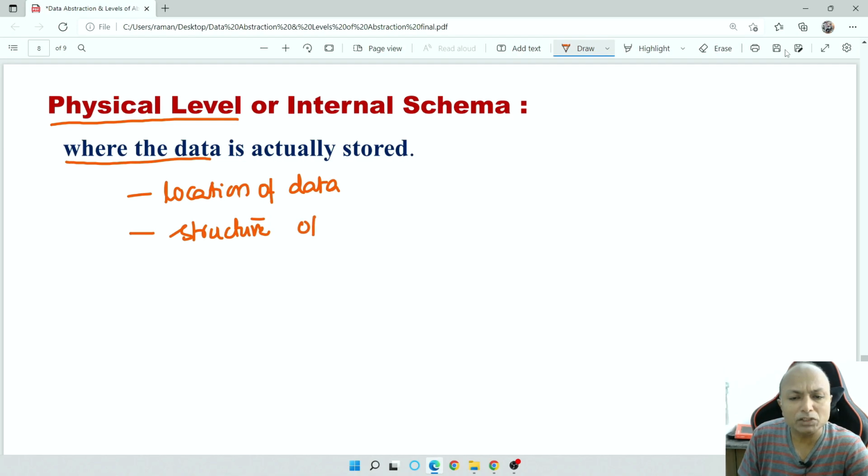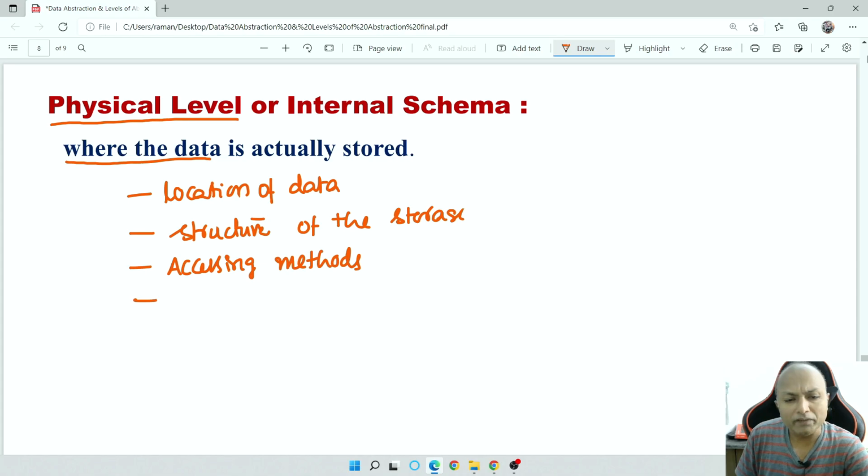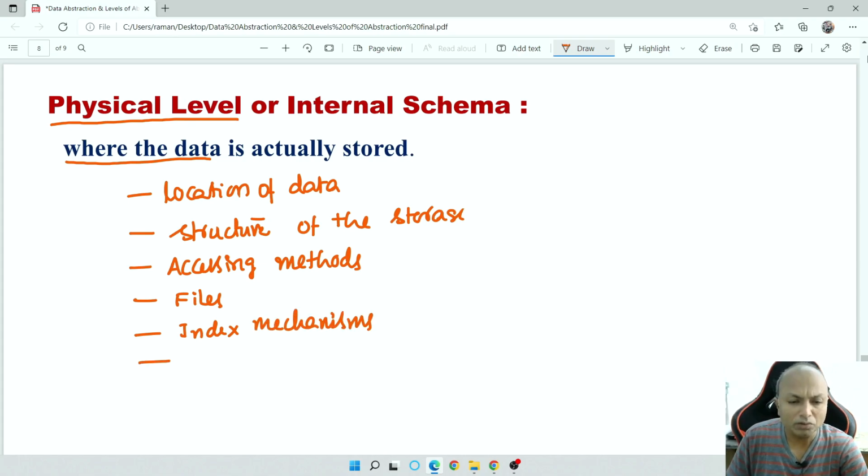It will tell the structure of the storage, what access methods we are using, what files we are using for storing the data, what index mechanism we are using for accessing files, and it will also tell us how the data is fragmented.